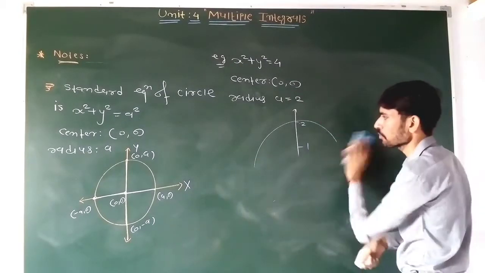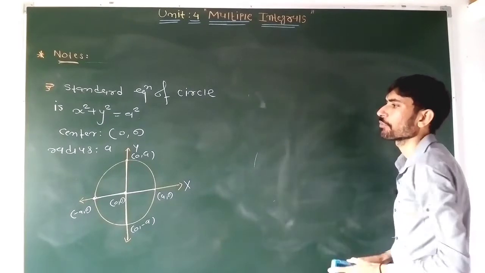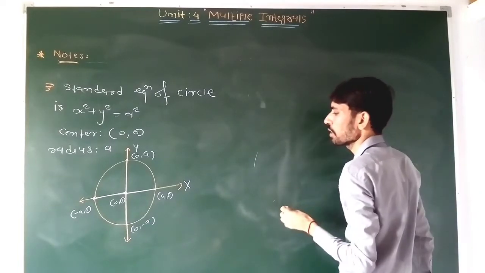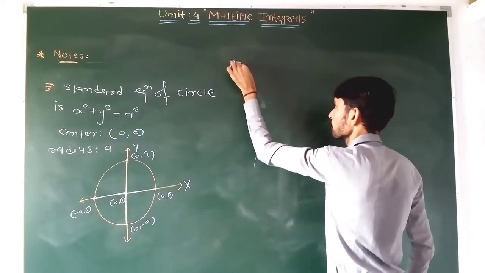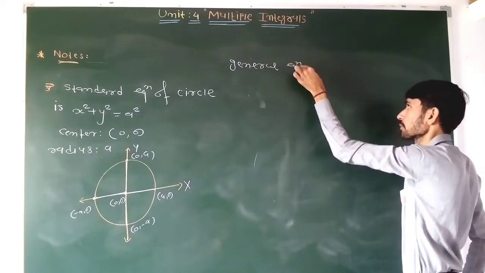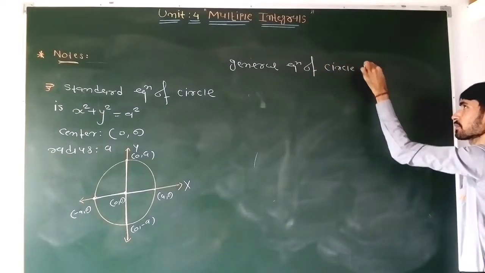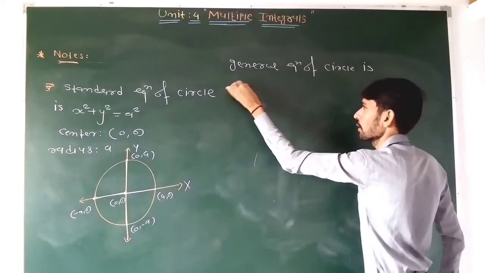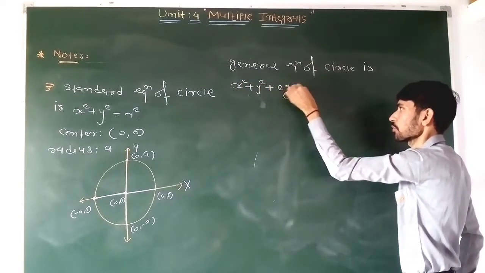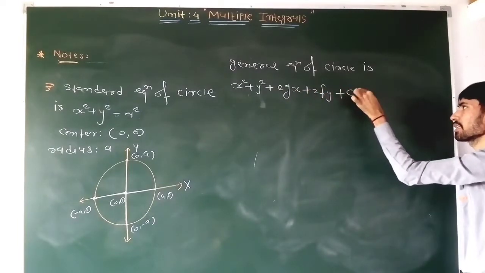Now here we also write the general equation of the circle, as you know, since we were just given the standard equation. The general equation of a circle is x square plus y square plus 2gx plus 2fy plus c is equal to 0.